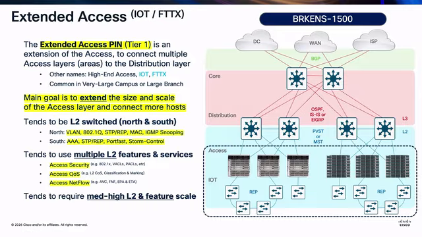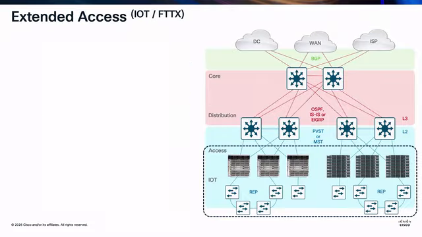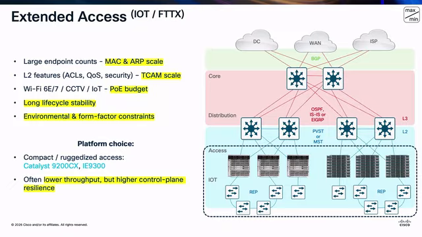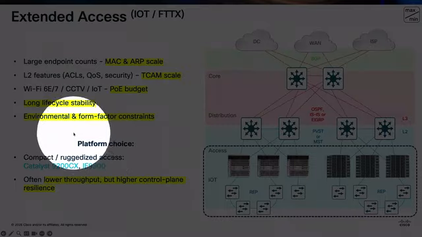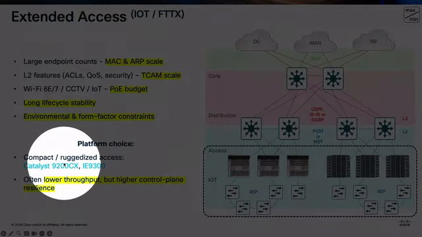However, if we're expanding the access layer, where we are extending the number of endpoints of different kinds connecting to our network and likely powering up endpoints, then out of nowhere our requirements or maybe platform choice change, because we might be looking at a small form factor device that will be able to be put behind the ATM machine, or a ruggedized device that will go under the floor or over the ceiling in a wet place or maybe hot place or cold place.